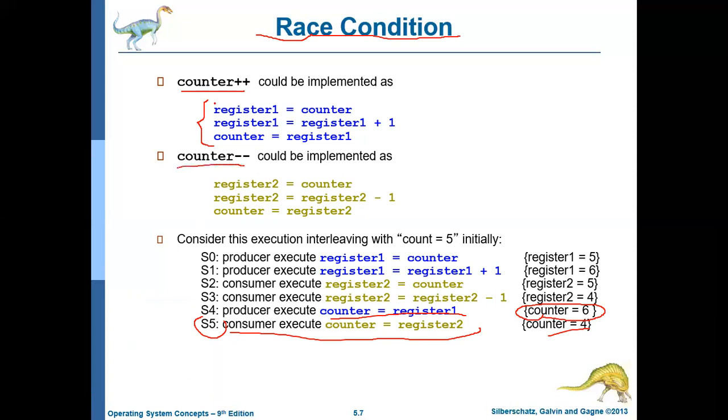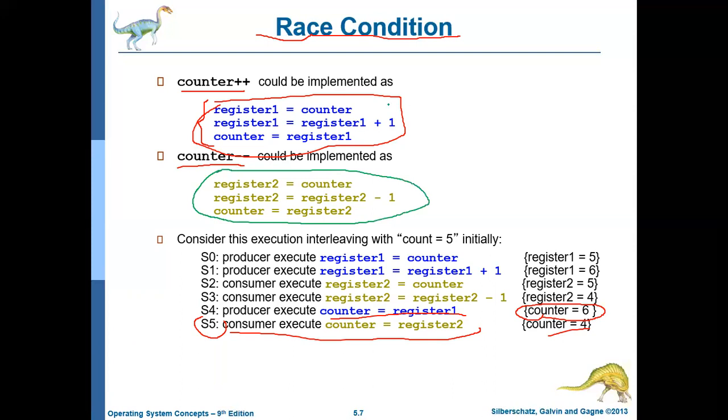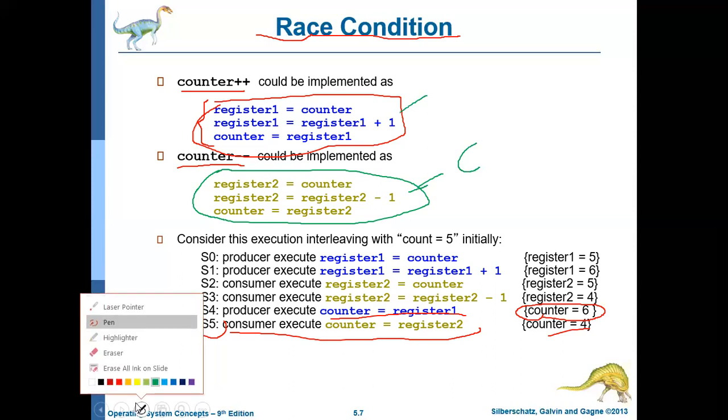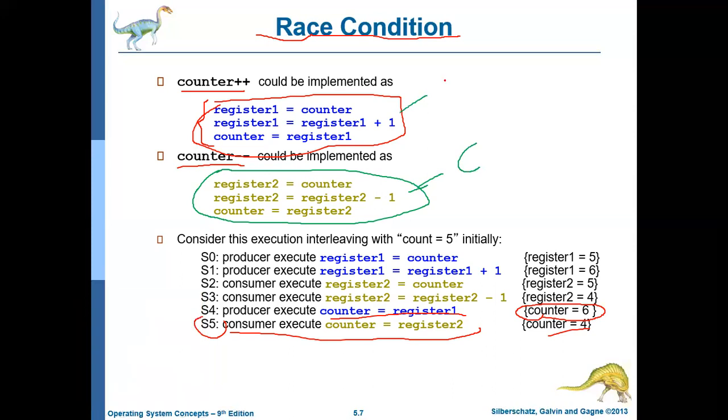When executed, counter plus plus is converted into 3 different statements, and counter minus minus is converted into 3 other statements. This is the code in the consumer process which creates data inconsistency, and this is the code in the producer process that creates data inconsistency.